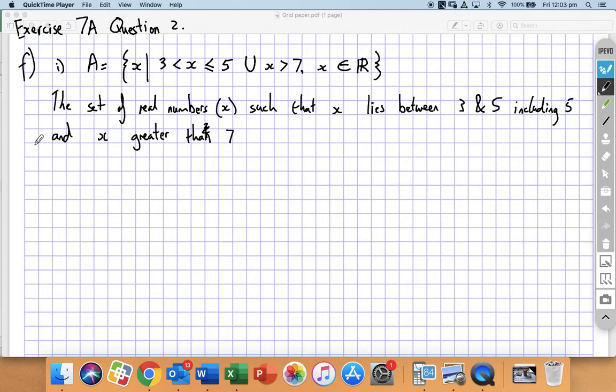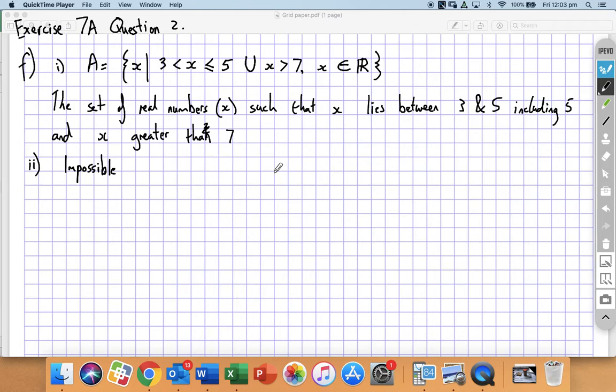So part 2 is list all the elements. Impossible, not possible. Why is it not possible to list them all? Impossible, because they are infinite, right? So x has infinite values, real numbers.